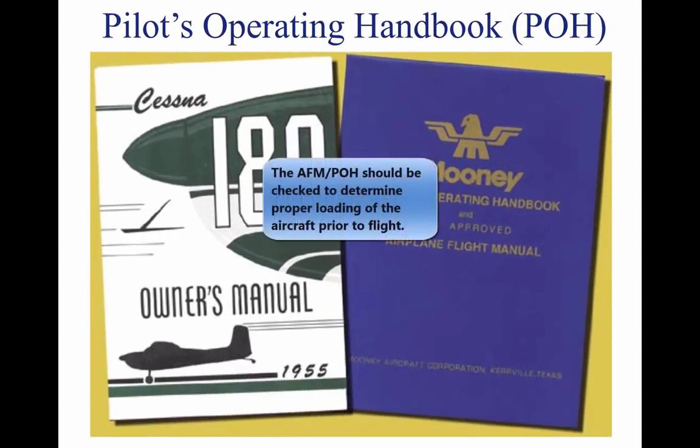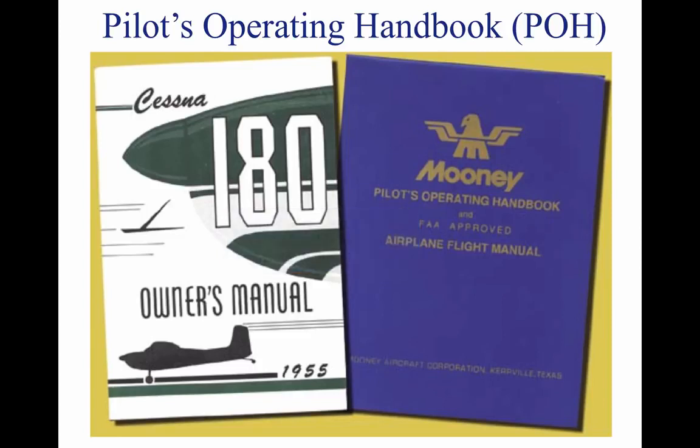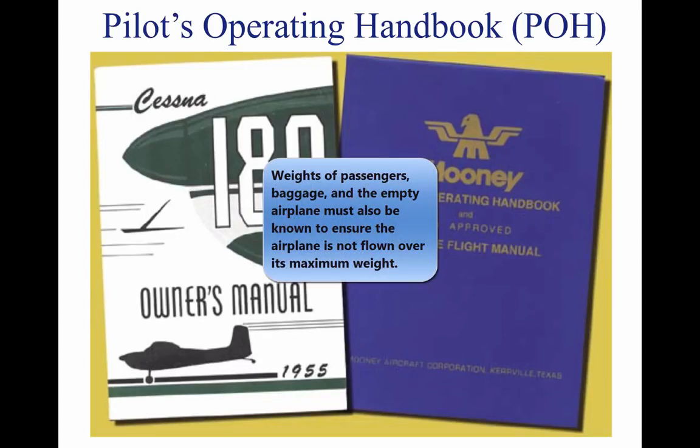The Aircraft Flight Manual, or Pilot's Operating Handbook, should be checked to determine the proper loading of the aircraft. The weight of the usable fuel and drainable oil aboard must be known. Also, check the weight of the passengers, the weight of all baggage to be carried, and the empty weight of the aircraft to be sure that the total weight does not exceed the maximum allowable.